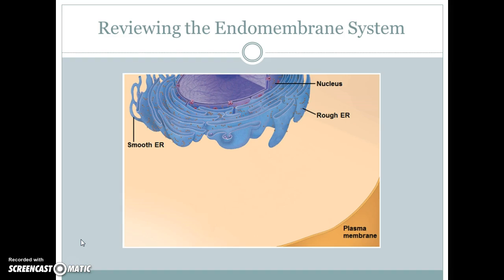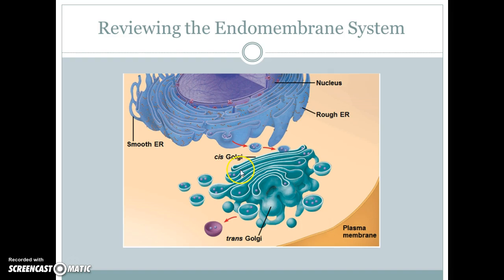Alright, so recapping on the endomembrane system, we have the nuclear envelope, once again surrounding the nucleus. Certain things will leave the nucleus through these little pores in the nuclear envelope and go into the ER, which, as you can see, surrounds the nucleus mostly. The ER has several different functions, produces these little vacuoles.